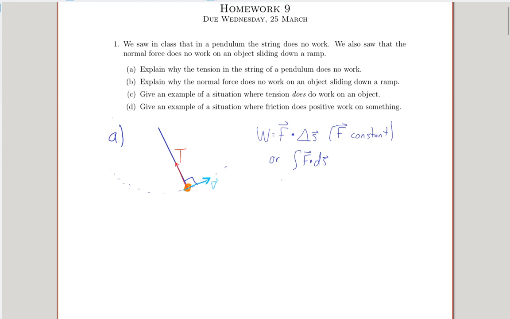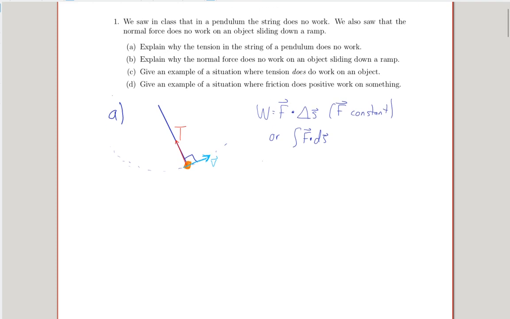But in this case, this is the insight here: the dot product F dot delta S means that this is the component of F parallel to delta S times the size of delta S.